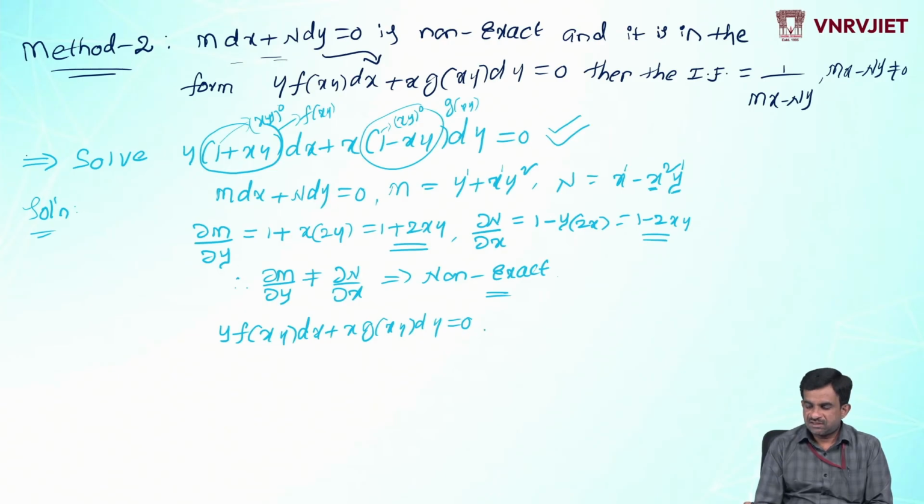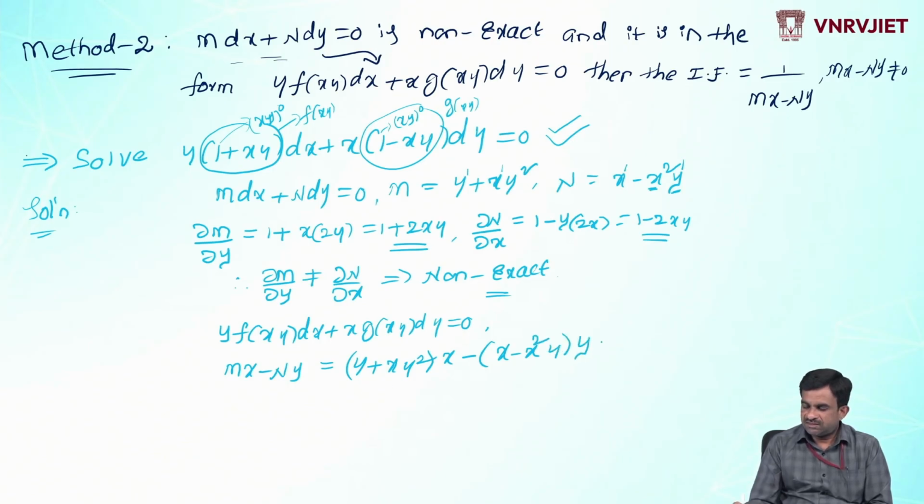So in this case, we'll write the integrating factor as 1 by Mx minus Ny. Before finding that, we need to calculate Mx minus Ny. So what is M here? M here is y plus xy square, into x, minus N, here x minus x square y, into y.